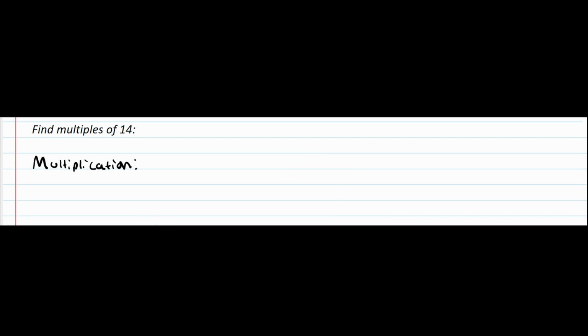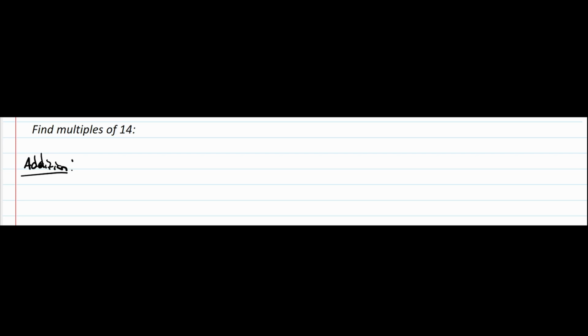As shown before, just a little reminder, we do 1 times 14, that would give us 14. If we do 2 times 14, that would give us 28. 3 times 14, that'll be 42. And we'll continue on and on. So that is one way of finding out the multiples of a number. It's just simply by multiplying them in order.